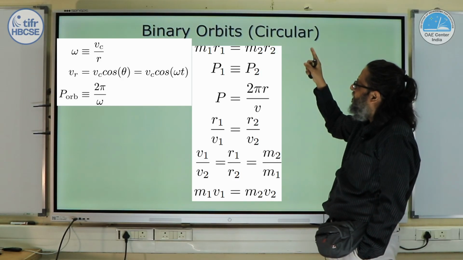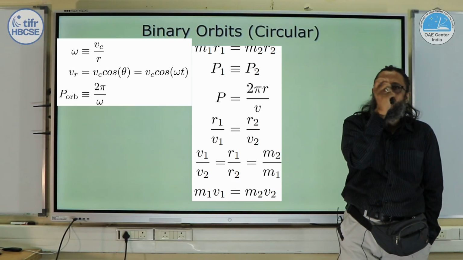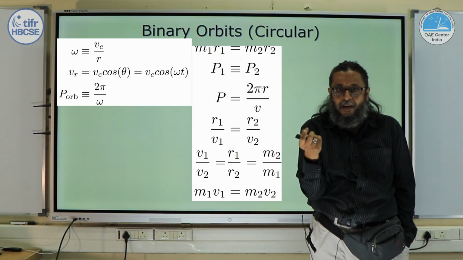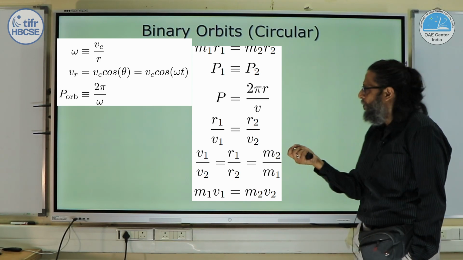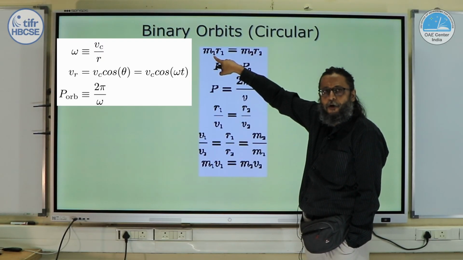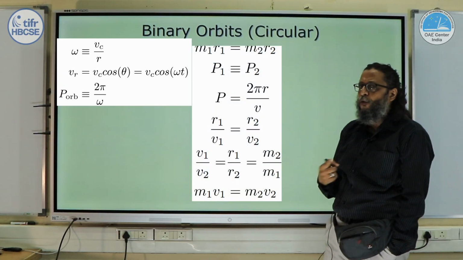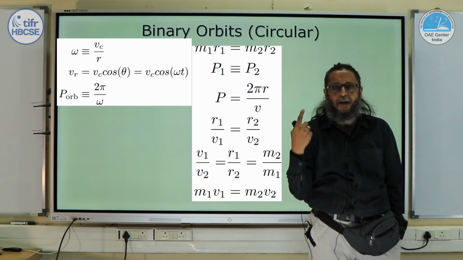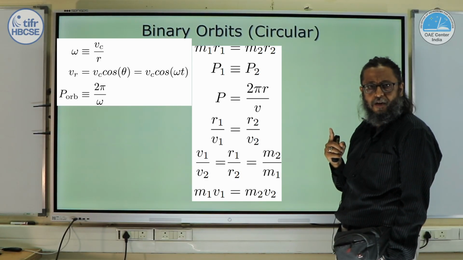But we can use the same mathematics for any bound system. It can be a star and a planet system, or a planet and a satellite system. Then we just have to be very careful about which body is 1 and which body is 2. But when they are moving around their common center of mass, they will move with a common periodicity.